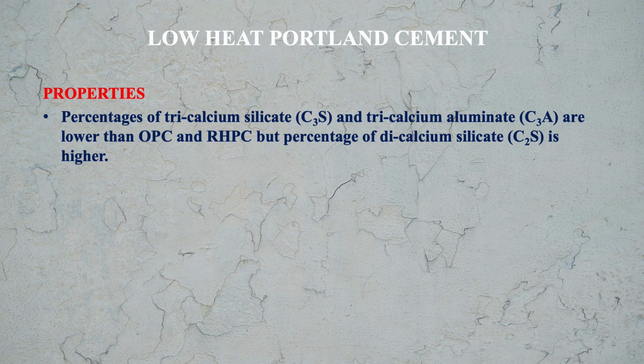So in comparison to these two cements, this low heat Portland cement is having the less percentage of C3S and the C3A, because these two compounds are mainly responsible for generation of heat. But percentage of dicalcium silicate, C2S, is higher in this cement.